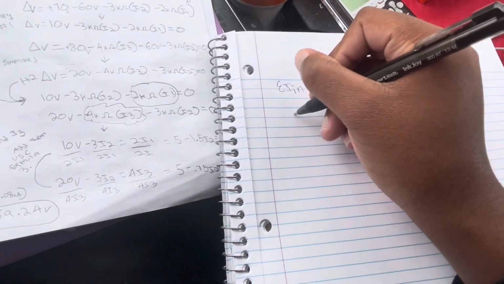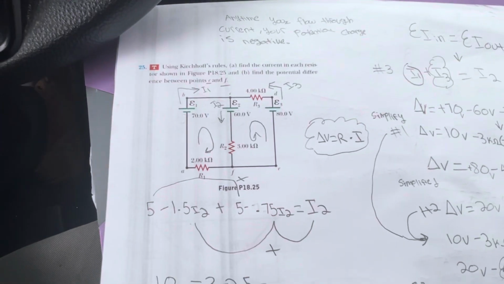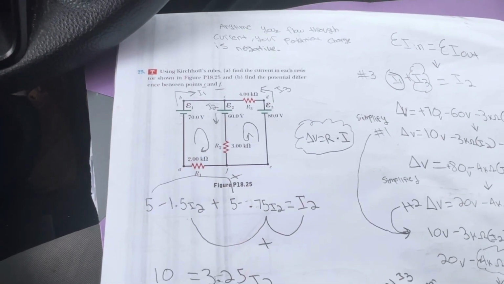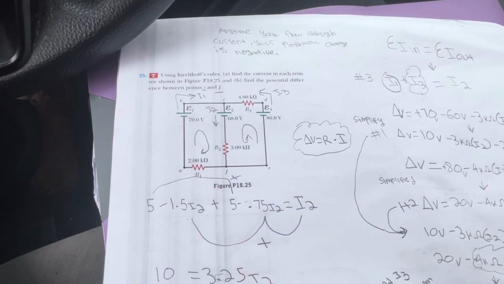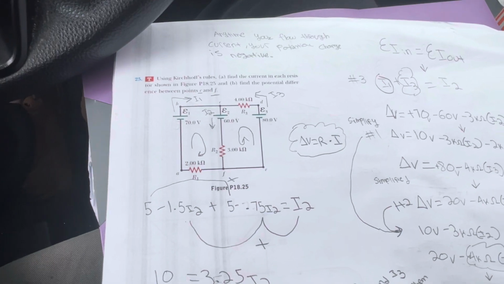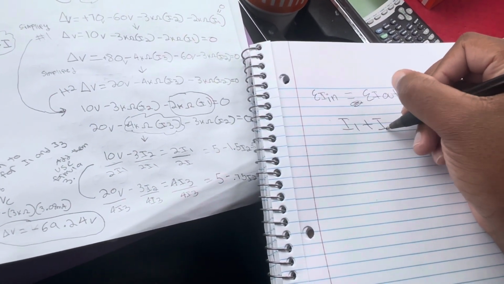So our current in, we can see, is I1, and we're going to add that to I3, which is also our current in.